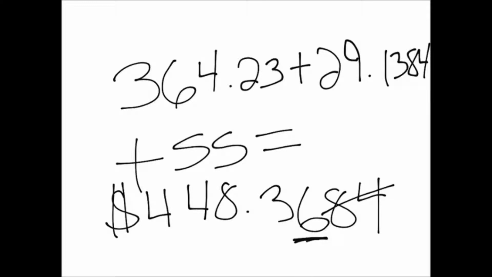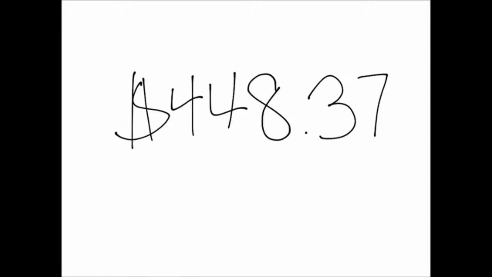And since we're talking about money, you can get rid of these last two numbers and bring this number up, because we rounded it to the nearest hundredth. So the real price would be $448.37.